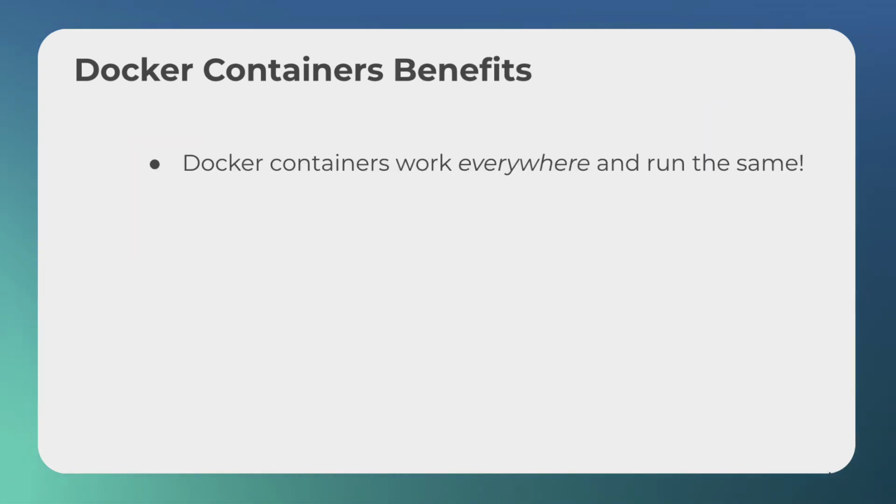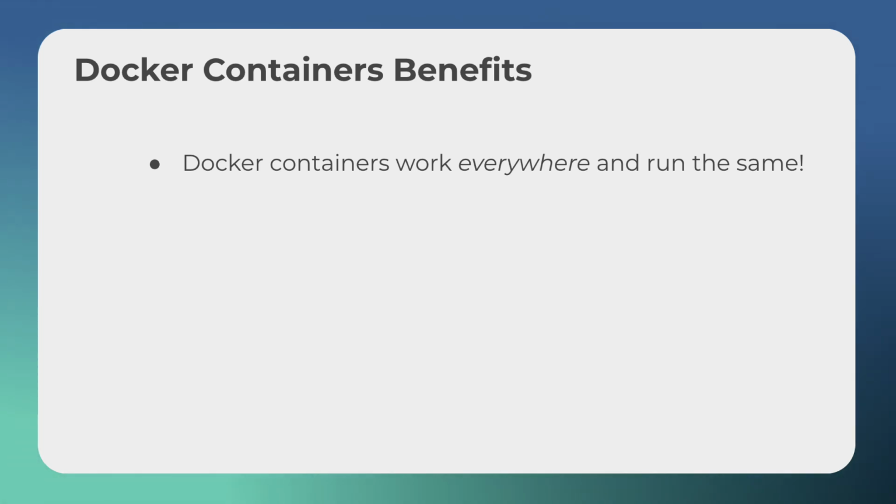So now you can see that Docker containers, as they call them, have a lot of different benefits. One of the benefits is that Docker containers work everywhere and run the same. No longer do we have to think, okay, what libraries do we need for this application to work? Okay, we have to tweak X, Y, and Z to make sure it works on Windows, and then we have to make sure that it works on Linux or any other operating system. No, there's none of that anymore.